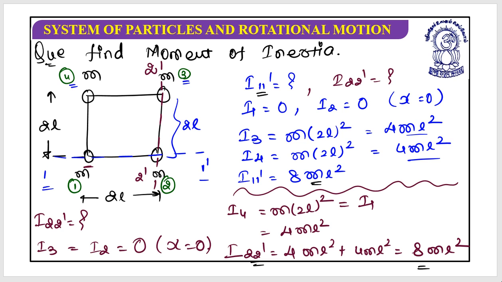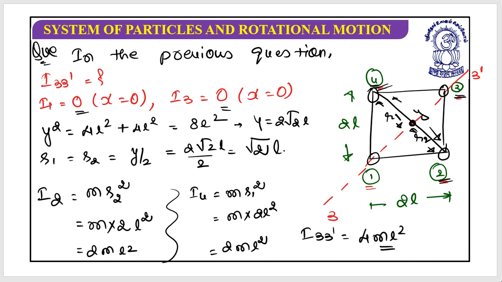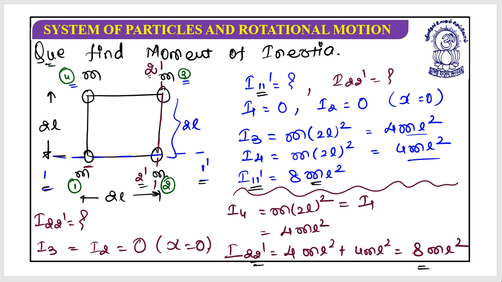So I11 dash and I22 dash have an inertia of 8ml square, and I33 dash has an inertia of 4ml square. So from this you can understand that this configuration is easier to rotate about 33 dash, rather than from I11 dash or I22 dash.